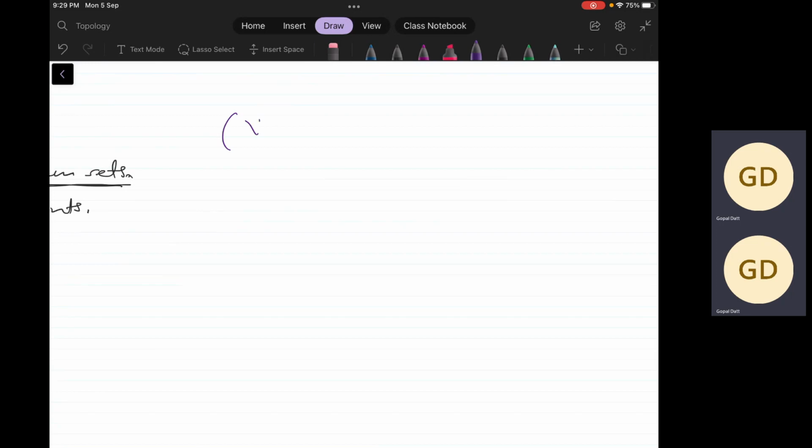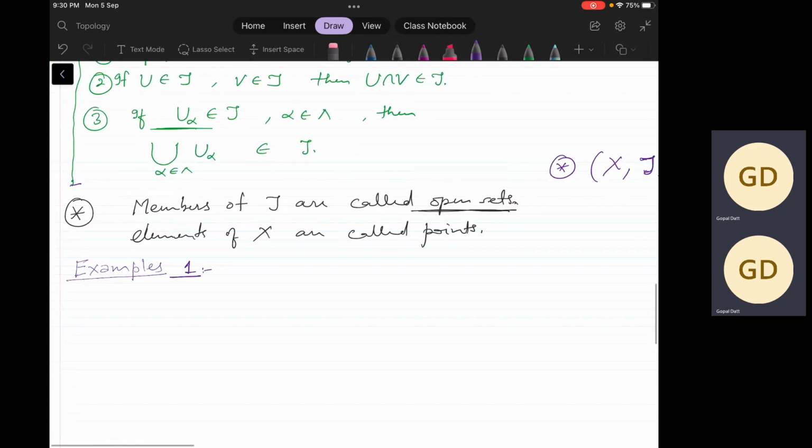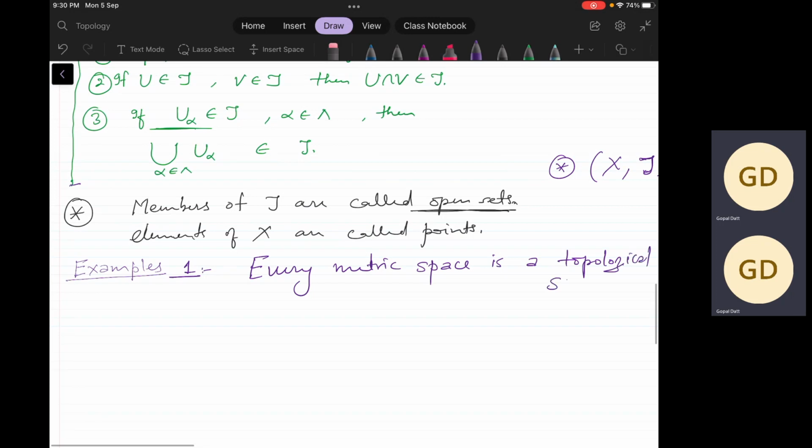As you know, X, d was called a metric space. This ordered pair X with tau is called a topological space. So first example, every metric space is a topological space.